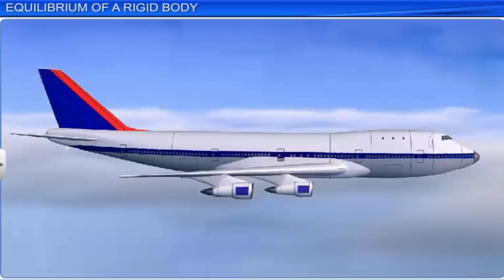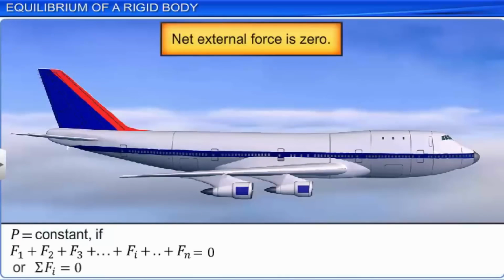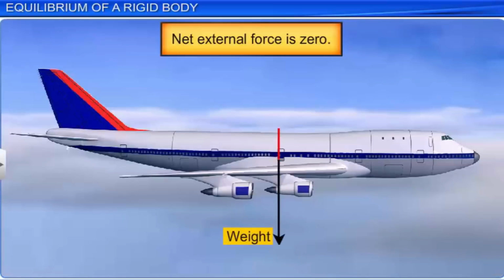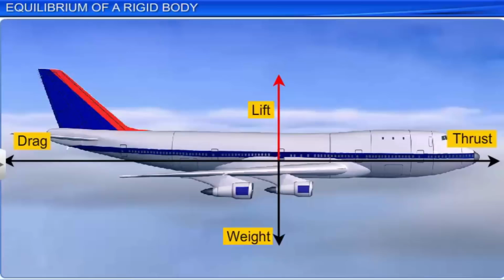We know that the linear momentum of a rigid body is conserved when the net external force acting on the rigid body is zero. That means an aeroplane moves with constant momentum if the resultant of all the four forces, weight, lift, drag, and thrust acting on it is zero. In such a case, the plane is said to be in translational equilibrium.